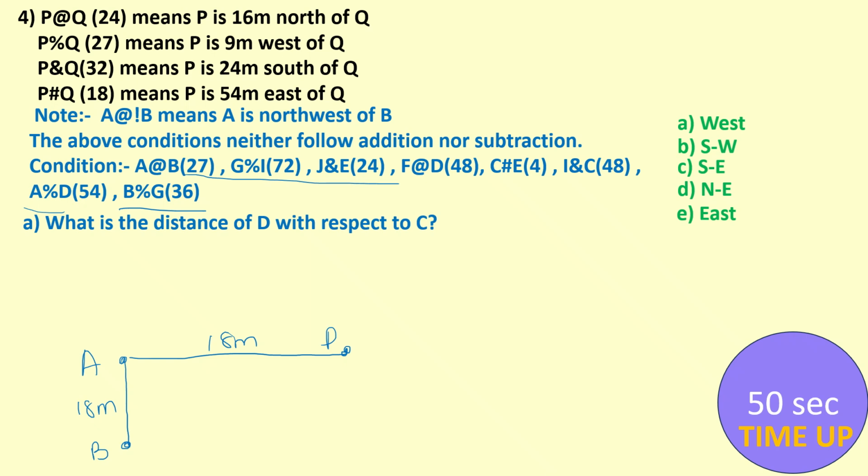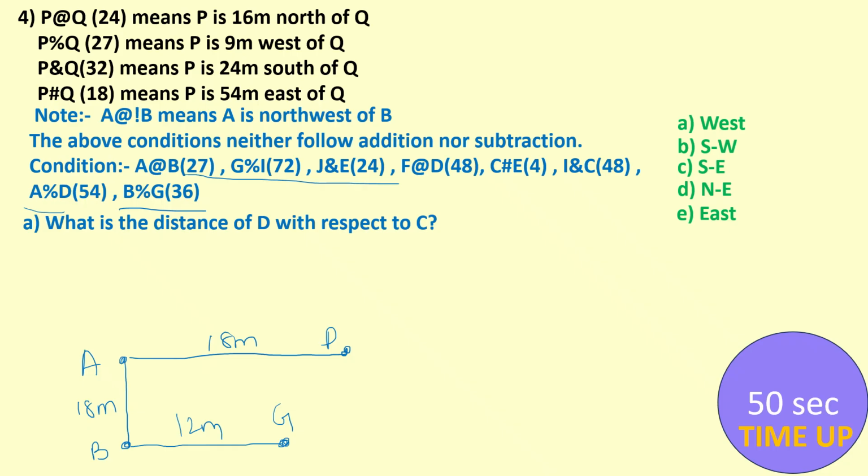How much meter you had got? 12, correct? 12 meter. So it should be slightly lesser than 18 meters. So if I place G somewhere here, 12 meter.